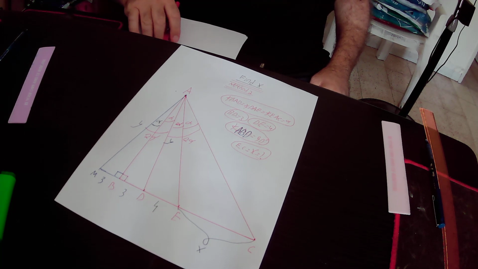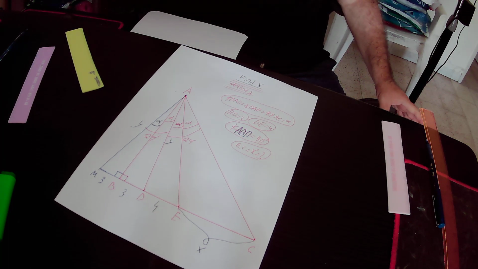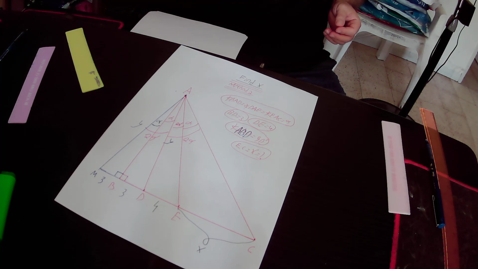So according to the rule of angle bisector, the following relationship exists between the sides of triangle AMC that has angle bisector AD.